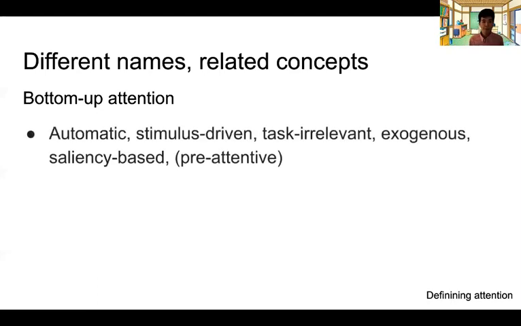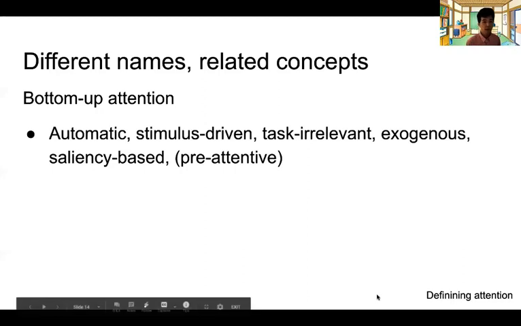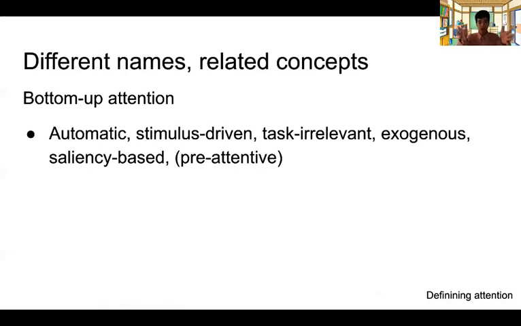So this bottom-up attention is automatic, stimulus-driven, task irrelevant. Task here means that when you're supposed to be doing some kind of task, let's say listening to the lecture or watching a lecture slide, something that is irrelevant for your current task is task-irrelevant attention.